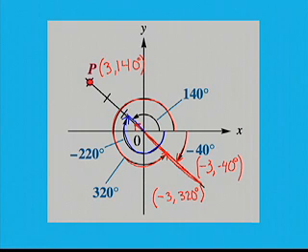Interestingly enough, that brings me to the correct quadrant 2, and therefore I use +3 along with -220 degrees, and that gives me a third point, which is the equivalent of 3 comma 140.